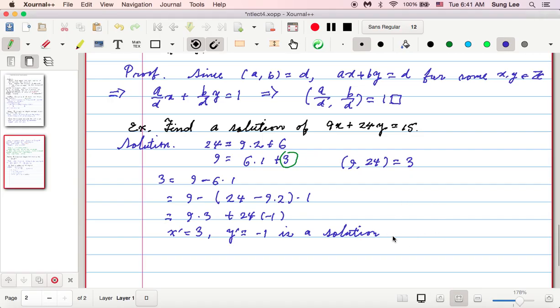That is a solution of the equation 9x plus 24y equals the greatest common divisor of these two numbers, 3.